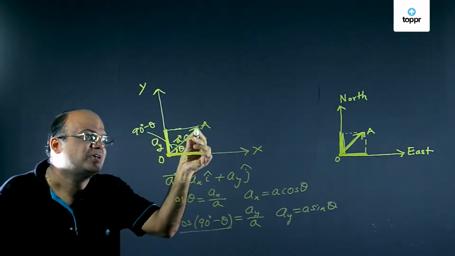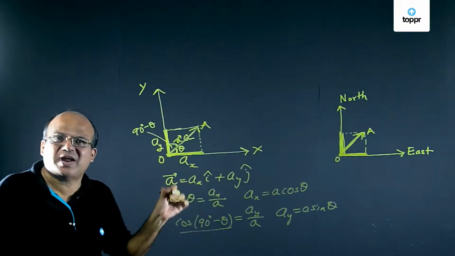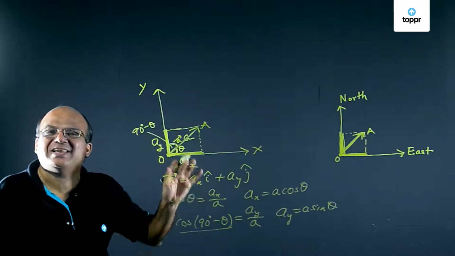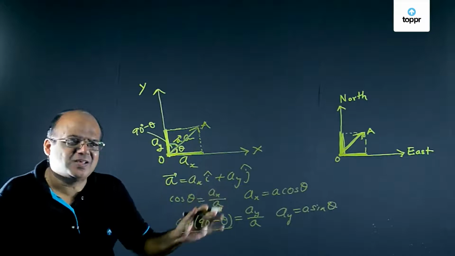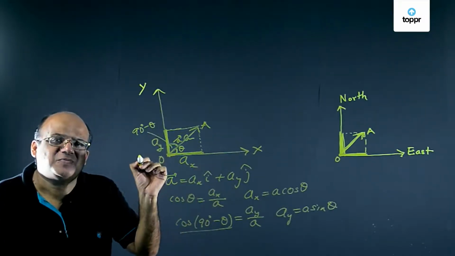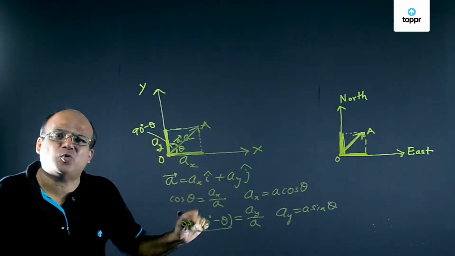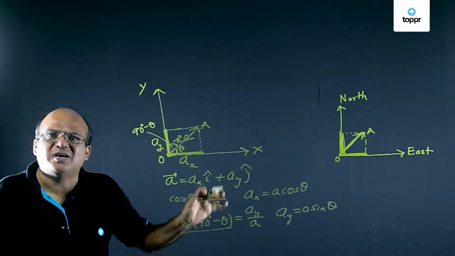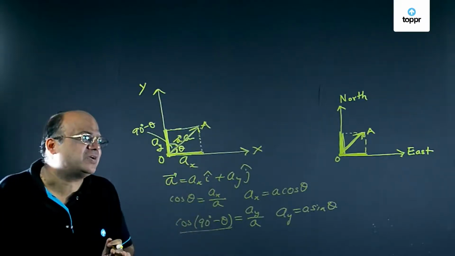This component is A into cos of this angle. This is how we find the component of a vector in any direction. In two-dimensional case, one component becomes sine component, other component becomes cos component. The component in the direction of known angle is cos component. The component in the direction of unknown angle is sine component.